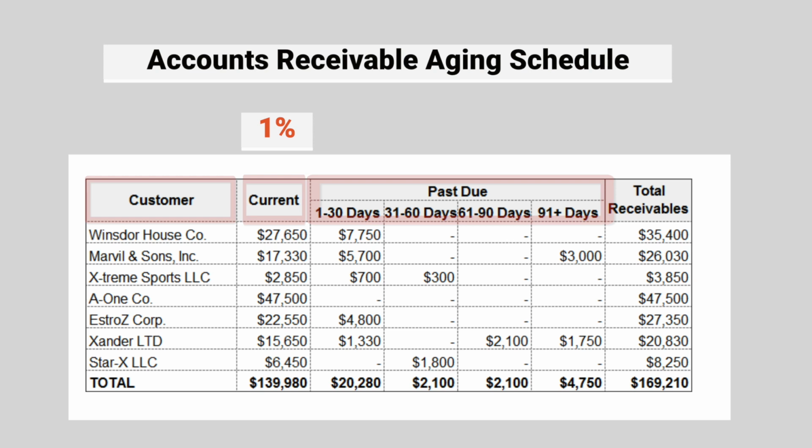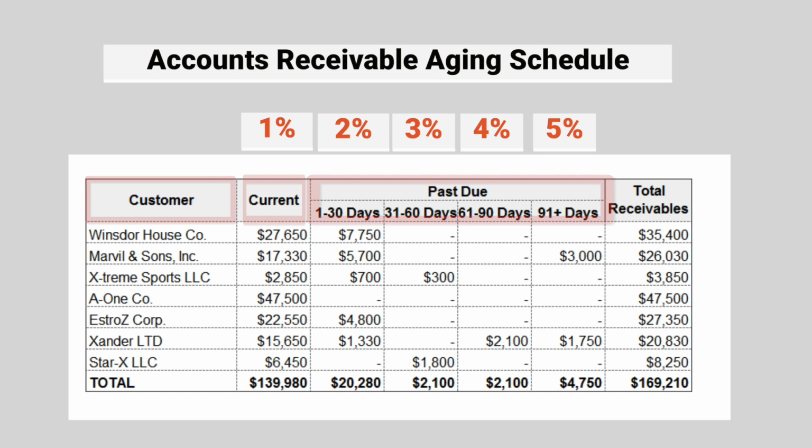For example here, 1 to 30 days, the company could be assigning 2%. And then from 31 to 60 days, the company could be assigning 3% and so on until it reaches 91 plus days, that could be 5% of uncollectible AR. And as you can see, the longer it takes for the accounts receivable to be received, the more you are increasing the probability of it not being collected.